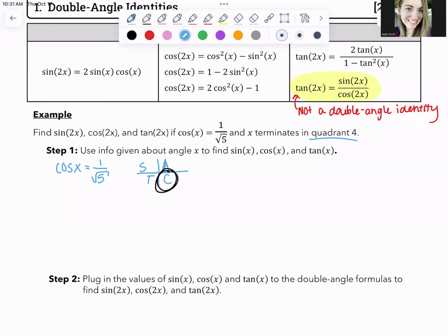So if I'm looking for sine of angle x, cosine of angle x, tangent of angle x, I know cosine, first of all, 1 over square root 5 is positive, and then everything else will be negative. So sine and tangent will both be negative because we're in quadrant 4.